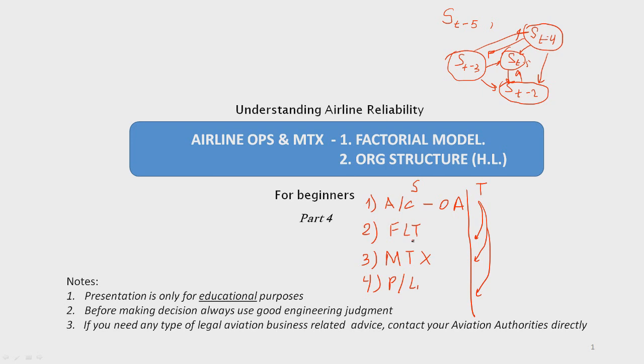Ideally we have 2 states: either the aircraft is in flight or on the ground. If the aircraft is in flight, we have the flight state. If the aircraft is on the ground and we are doing maintenance, we have the maintenance state. If we are waiting for parts, then we are in state 4, the parts logistics state.